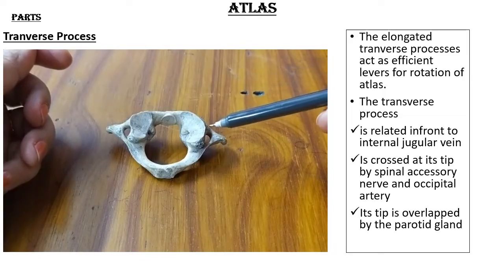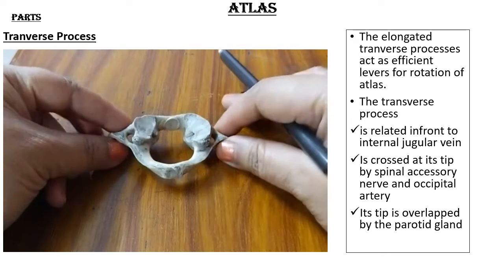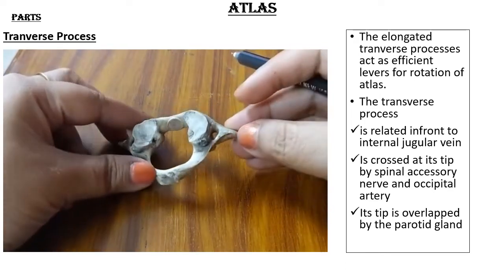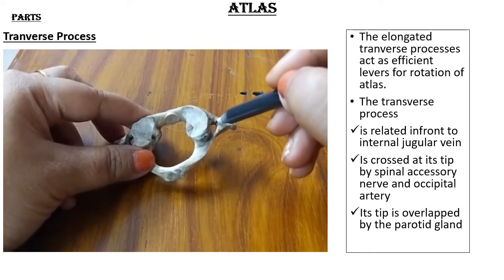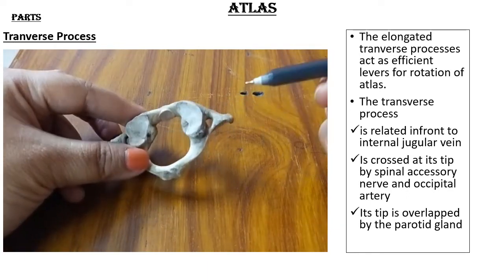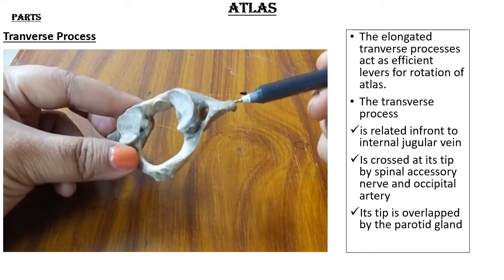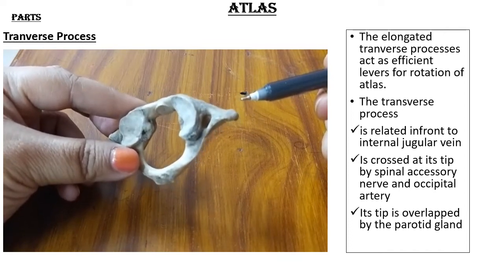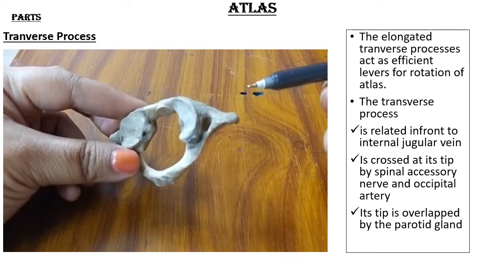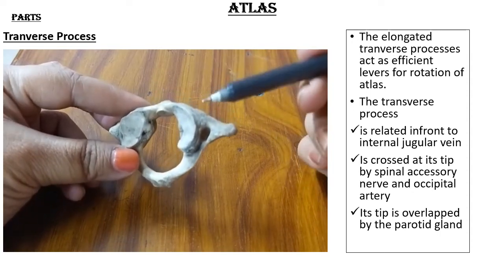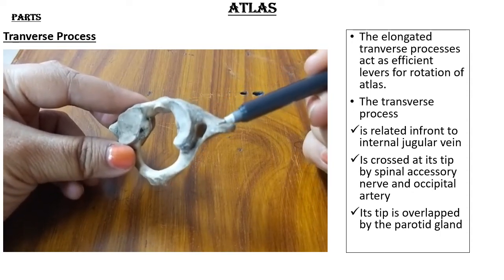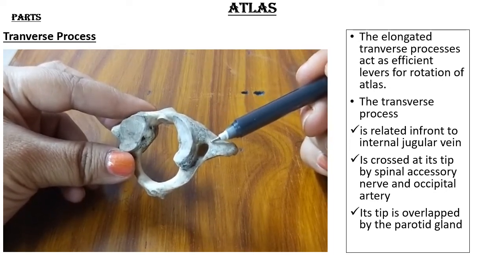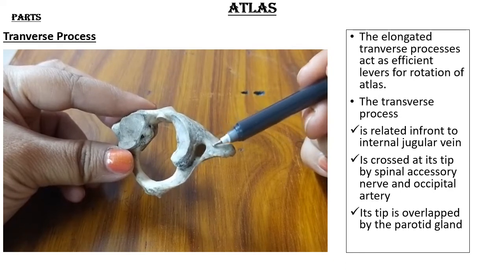Now the transverse processes of the atlas. These project from the lateral mass and enclose the foramen transversarium. The tip of the transverse process of the atlas corresponds to the posterior tubercle of the transverse process of a typical cervical vertebra, and the bone in front of the foramen transversarium corresponds with the costotransverse bar or the intertubercular lamella.